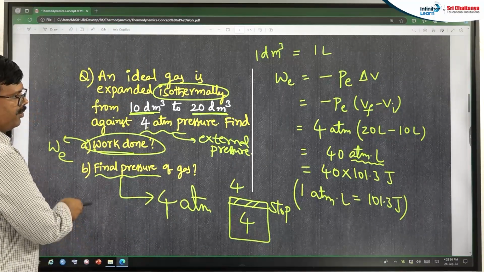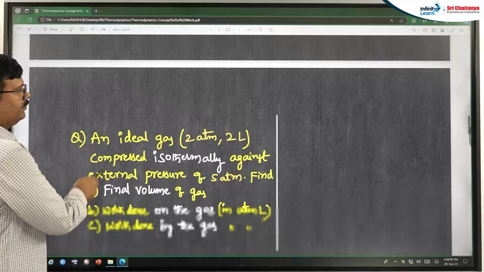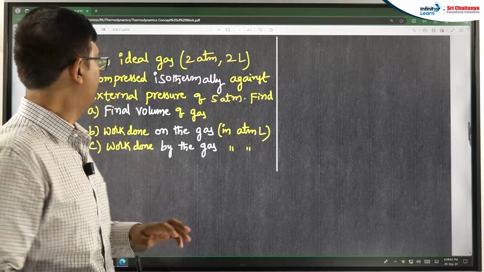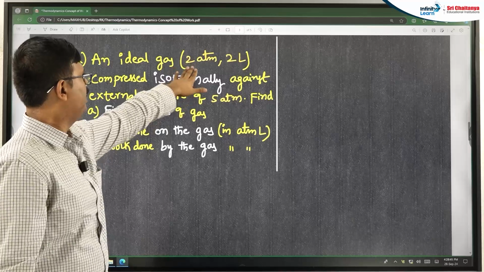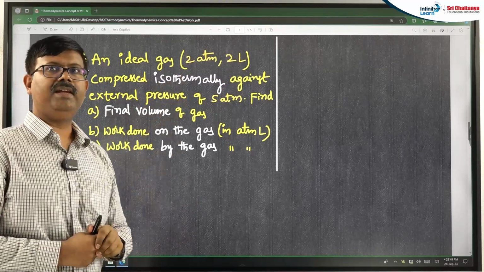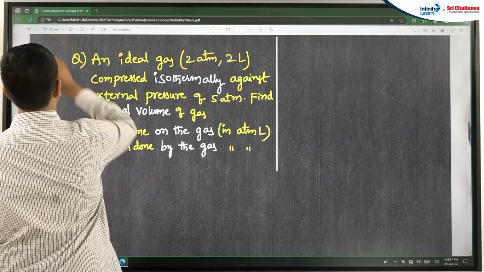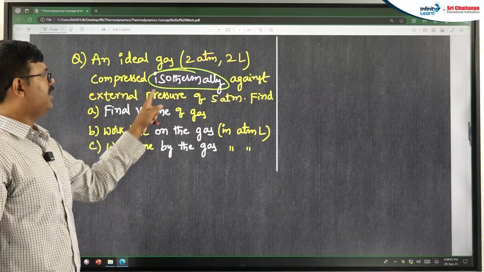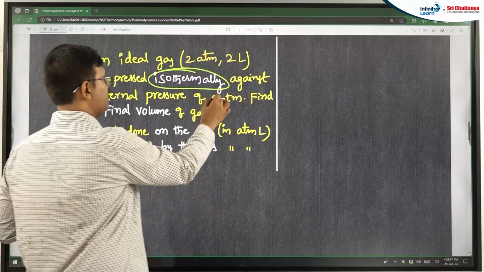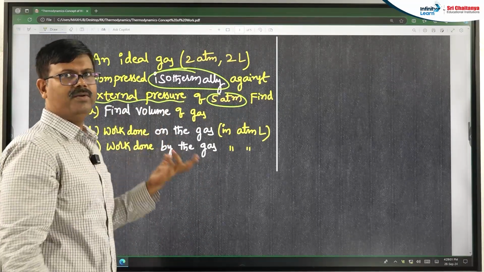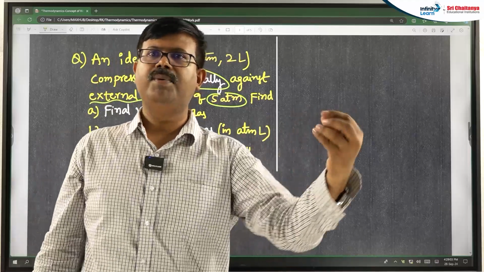Let's see one more problem. Same, an ideal gas at 2 atm and 2 liters is compressed isothermally. Again, this is an important word, isothermal, against external pressure. This is what they have given here, specifically external pressure. Sometimes they don't say that, they just say against the pressure of.